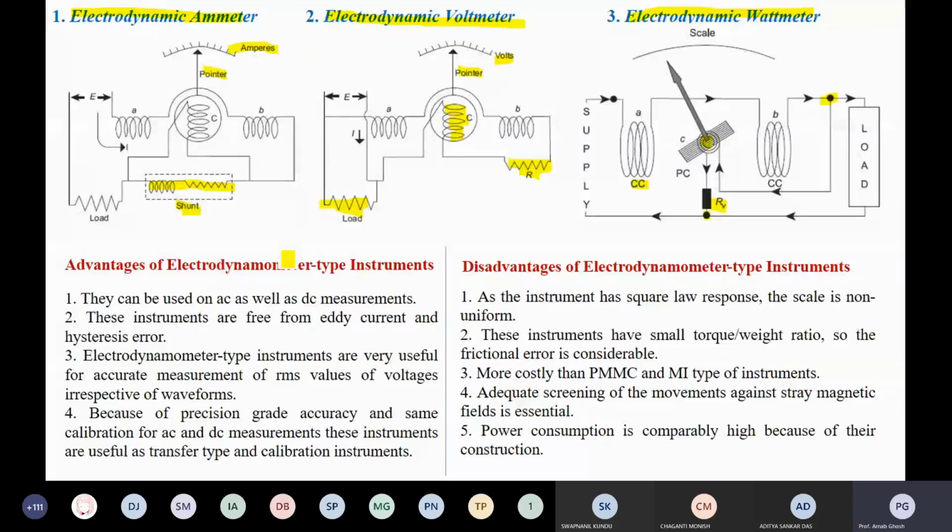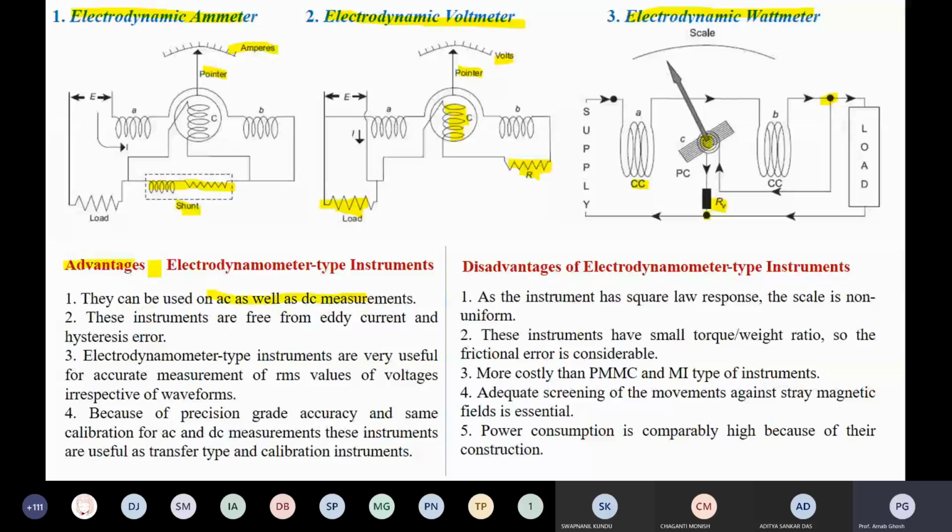Simple, because of what? In hysteresis the ferromagnetic core is required. That you can observe in the previous configurations. In both cases some cores are there: for moving iron the core is there, as well as the PMMC, the moving coil, the core is also there.